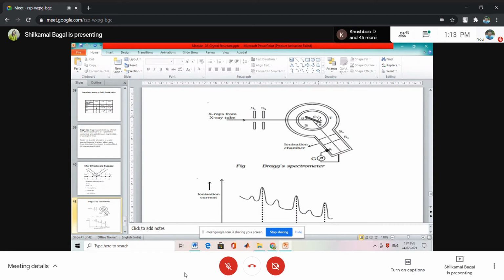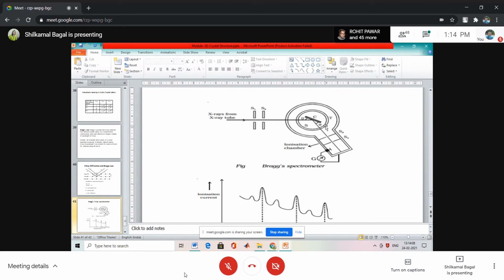Then this central table and this gas chamber arm are connected to each other, so that when the turntable is rotated through an angle theta, the ionization chamber is rotated through an angle 2 theta. The crystal is mounted on the turntable. So the turntable is rotated through an angle theta, and simultaneously this ionization chamber arm will rotate through an angle 2 theta.